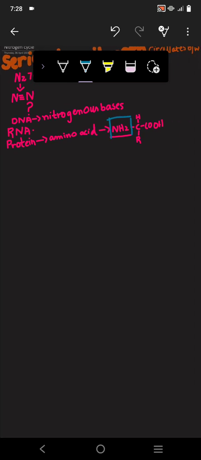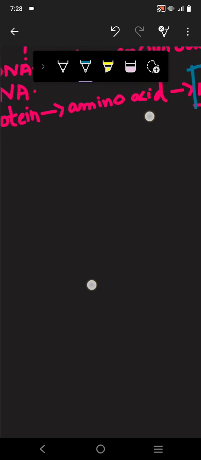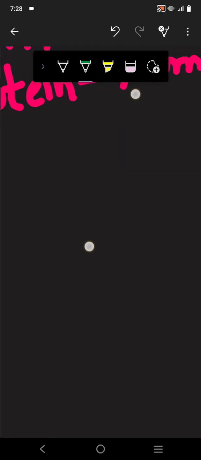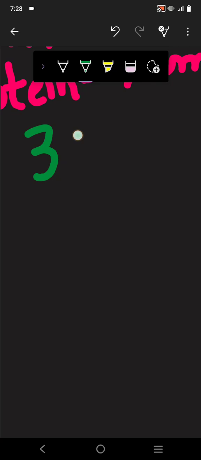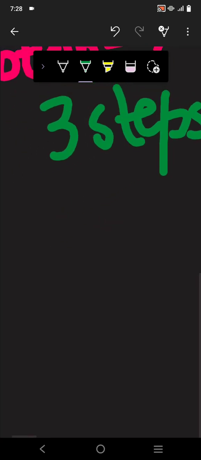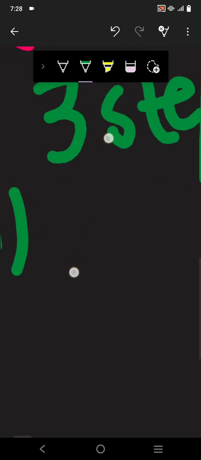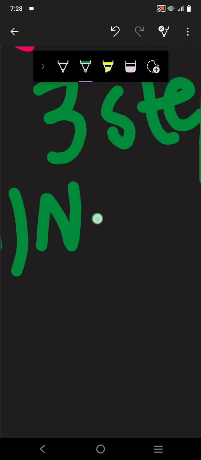First of all, there are three processes, three steps of the nitrogen cycle. Number one is nitrogen fixation.